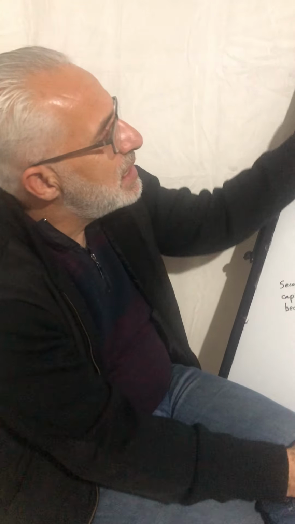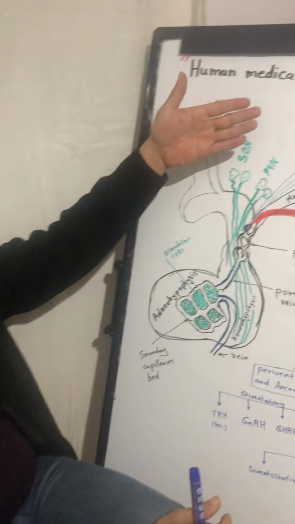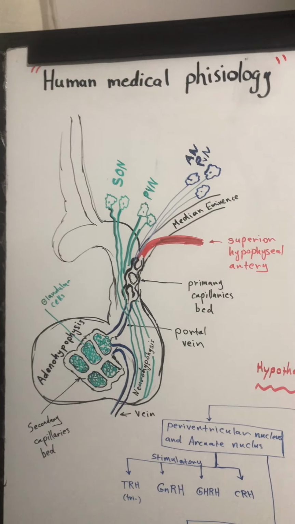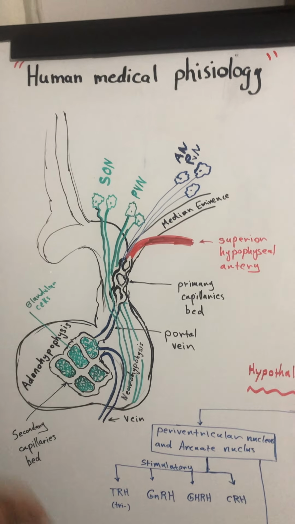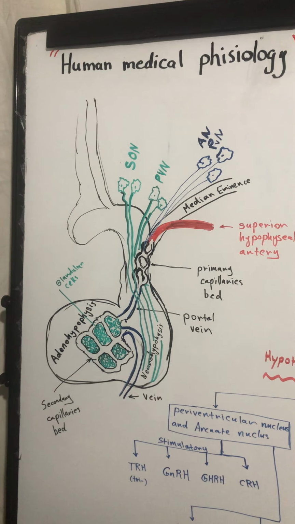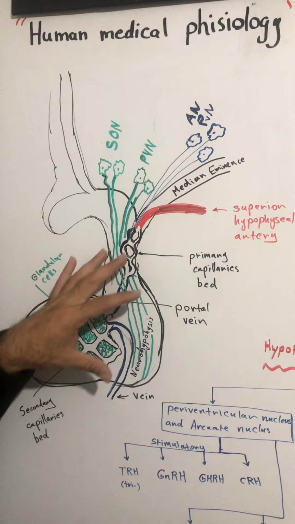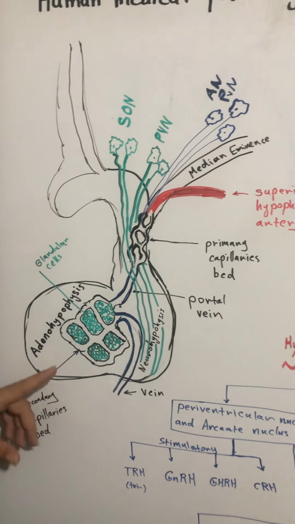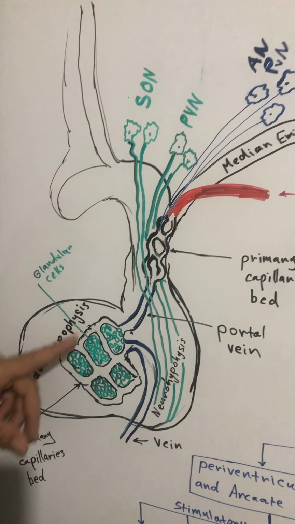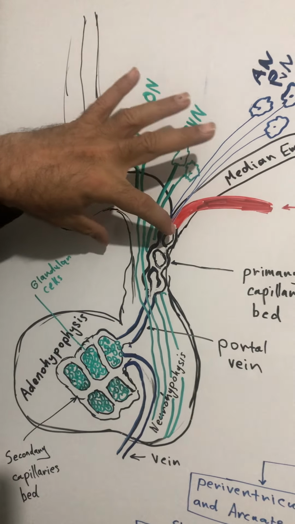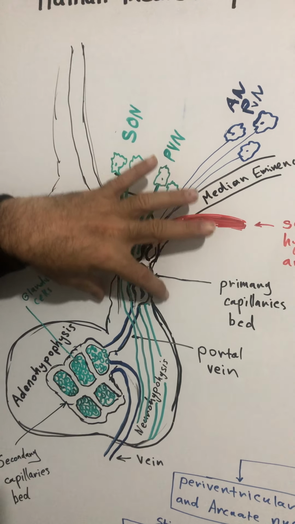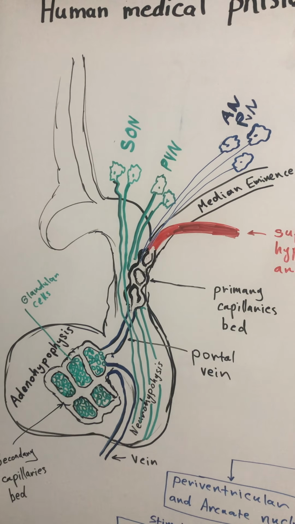Okay, now let's focus on the role of the hypothalamus as a link, or as a bonding structure, between the nervous and the endocrine system. You know that the master endocrine gland in our organism is the pituitary gland, which is linked to the hypothalamus through what is known as a stalk, this structure.